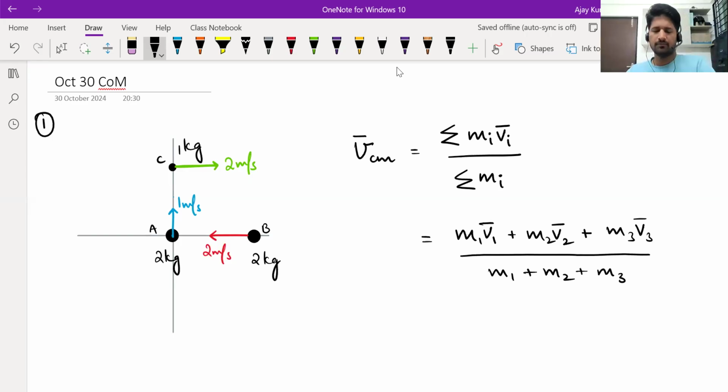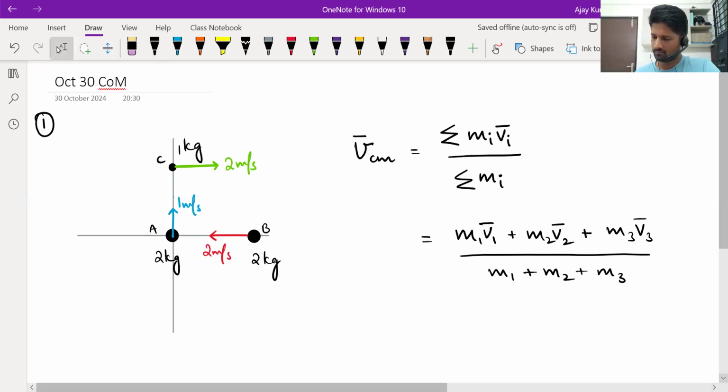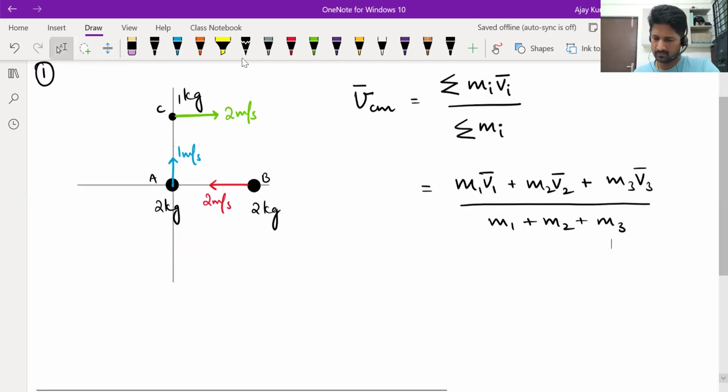Okay, solve this quickly, all of you. I got one answer as minus 2 by 5 I cap plus 2 by 5 J cap.